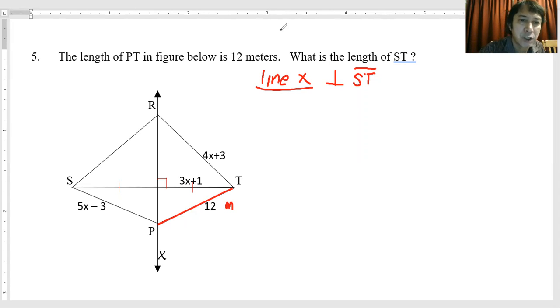You can see the marks here. That means 90 degrees, and the marks mean ST is divided into two equal segments.